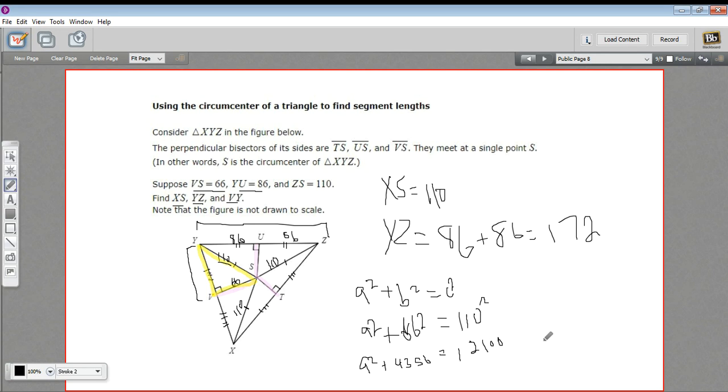So I get a squared equals 7744. And then to solve for a, I need to take the square root. So we'll do that. And I get, oh, it's an even number. I get a equals 88. So VY is 88. So that is how to use the circumcenter to find some segment lengths in triangles.